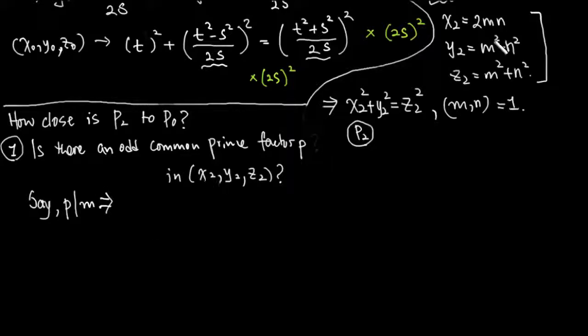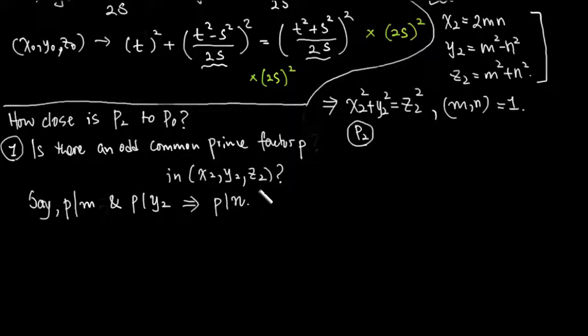Then because P divides m, that's going to divide this term, and P is a common factor, so P divides y2, so that must divide n as well. P divides m and P divides y2, that forces P divides n.